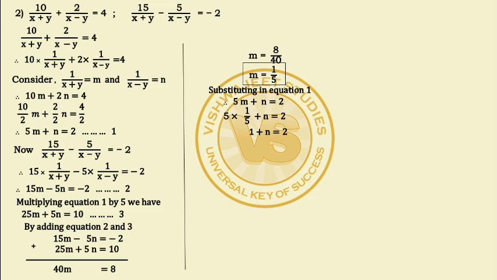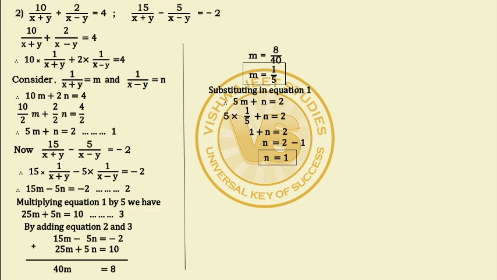We get the equation after multiplication, 1 plus n is equal to 2. On the left hand side 1 is positive. When it goes to the right hand side, it will become minus 1. So in the next step, n is equal to 2 minus 1. After subtraction, we get the value of n as n is equal to 1.